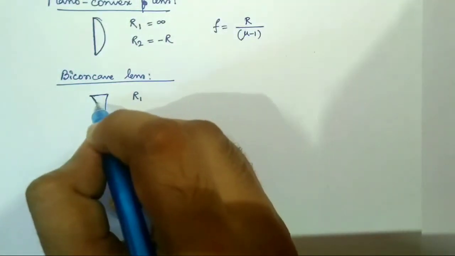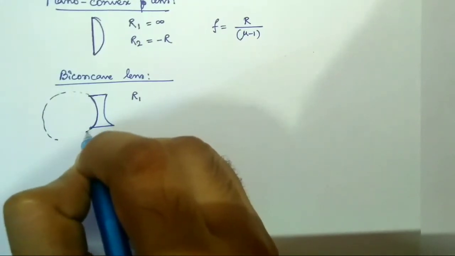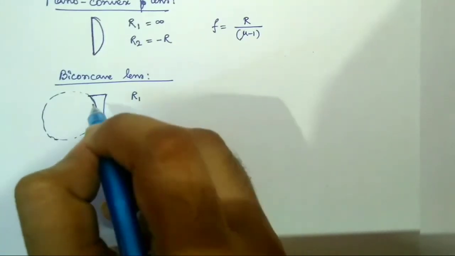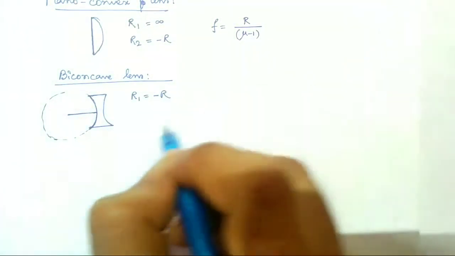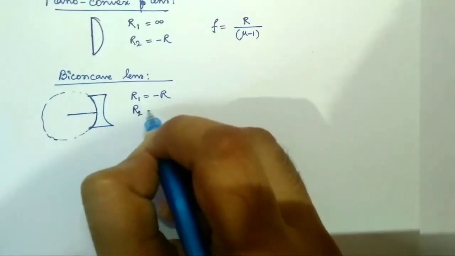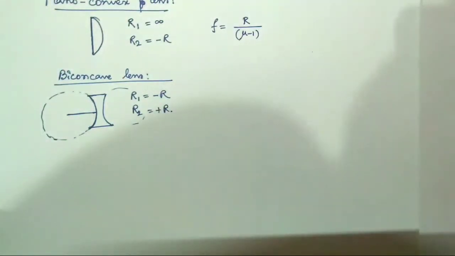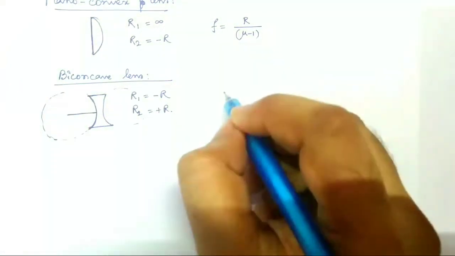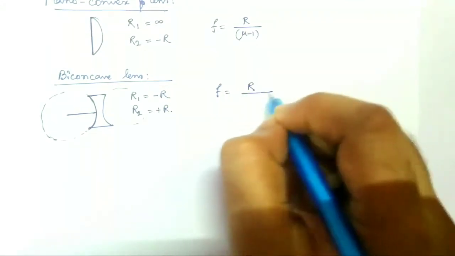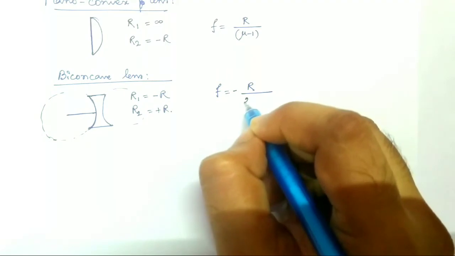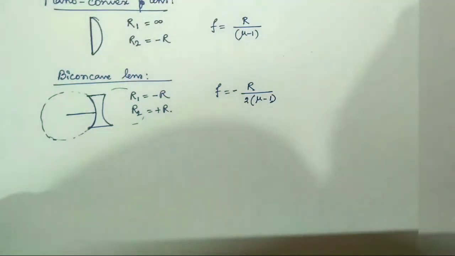Here, this is the first refracting surface, but if we complete this sphere, the radius of curvature will be negative, minus r, and the radius of curvature of this surface will be plus r. Clear? So the focal length will be given by f equal to r divided by minus 2 into (mu minus 1).